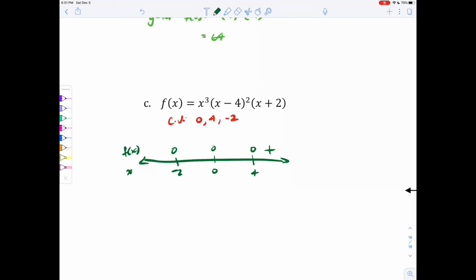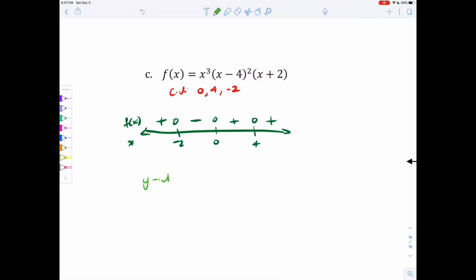Over 4, we don't change. Over 0, we do. And over negative 2, we do. Y-intercept is, 0 cubed times negative 4 squared times negative 2 is 0. Okay.